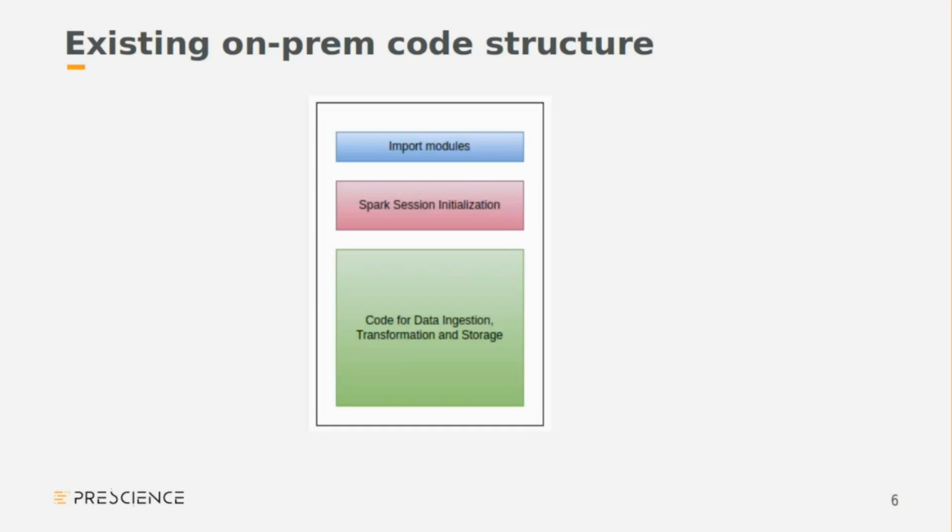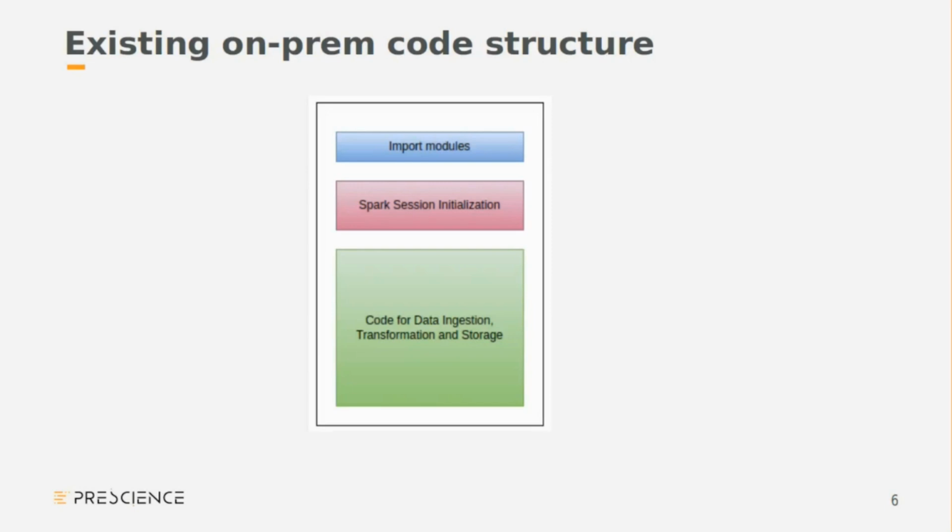Those of you who have been working in Databricks from the beginning with PySpark may not know about the nitty-gritties of what goes in and what comes out. This is what we get. To begin with, in a Spark code, you have these import modules, and the middle one is the most important here. You have the Spark session initialization code, where you have to create the Spark session if you are not on Databricks.